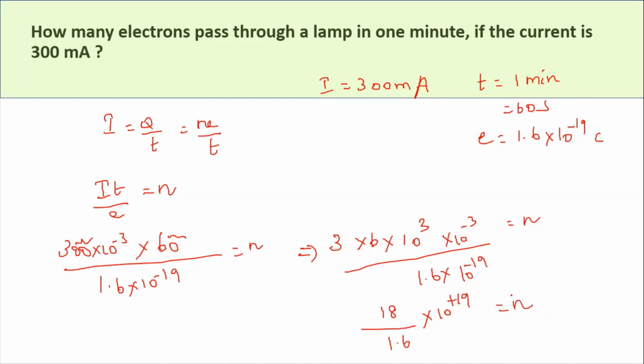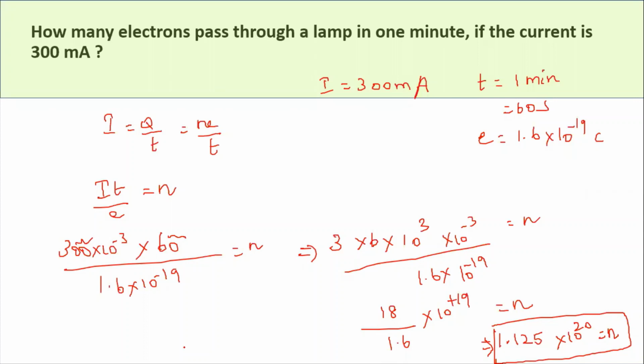So if you solve this, divide this and find out, you will get it as 1.125 into 10 to the power 20 is equal to your number of electrons. Okay, please pause the video and do the calculation and then we will continue. 18 divided by 1.6 will be 11.25.